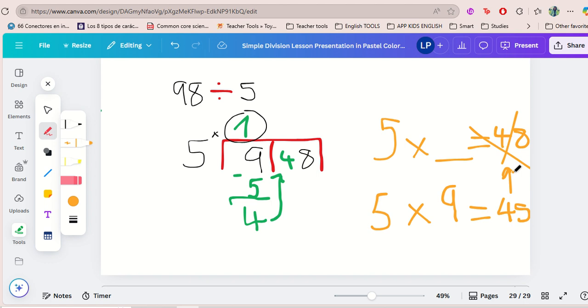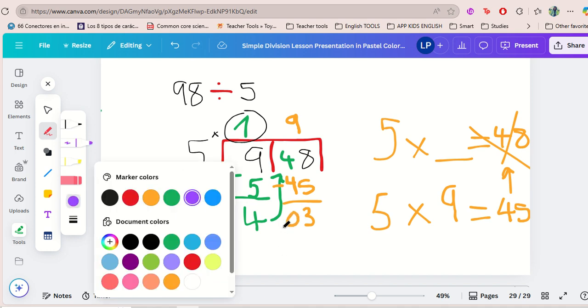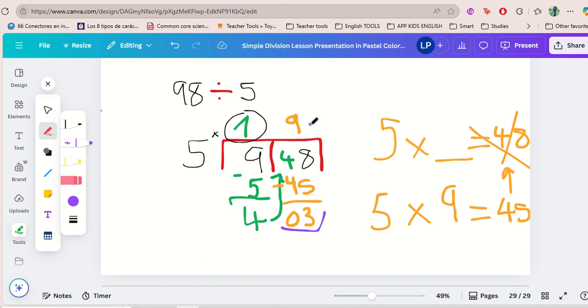So 5 times 9 is 45. Now, 48 minus 45 is, remember, 8 minus 5 is 3, and 4 minus 4 is 0. Oh, look what happened here. We have a remainder. The remainder is 3.